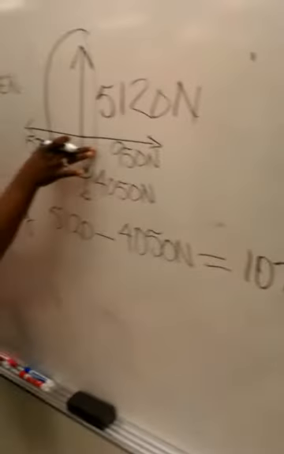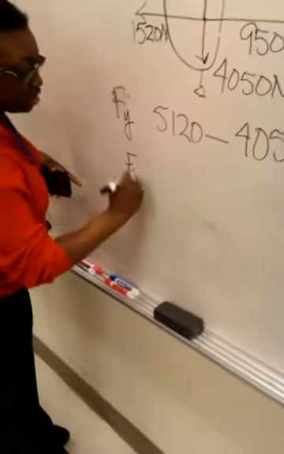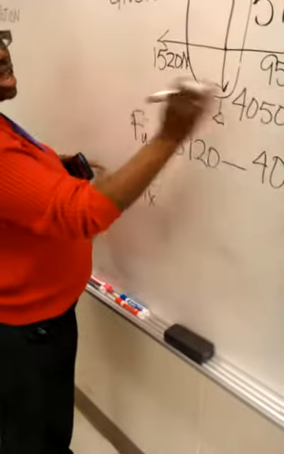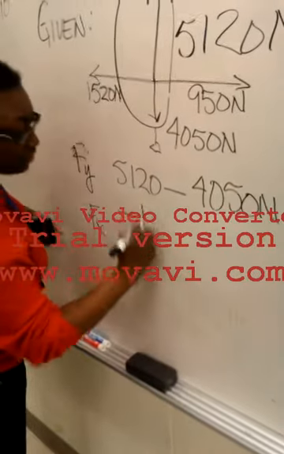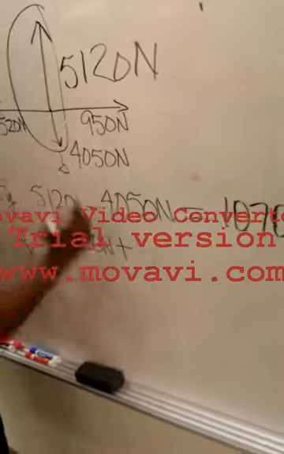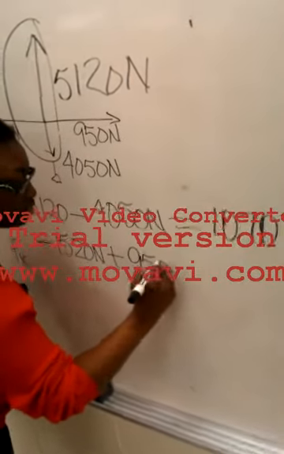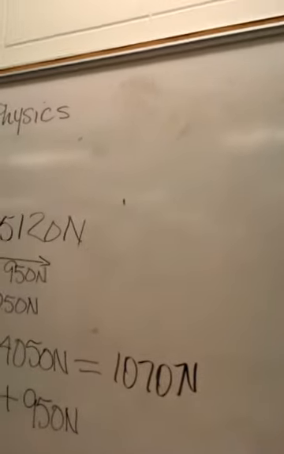Now, if I need to find the force that's going to be on your x axis, you're going to write f of x, and you're going to take, in this case, negative 1,520 newtons plus 950 newtons. Okay, this number is negative because it is in the negative area on our line.